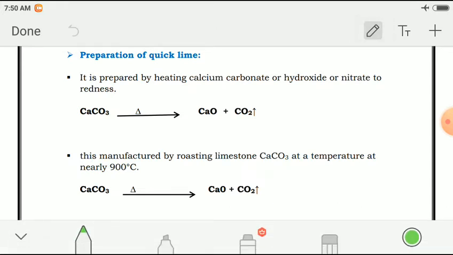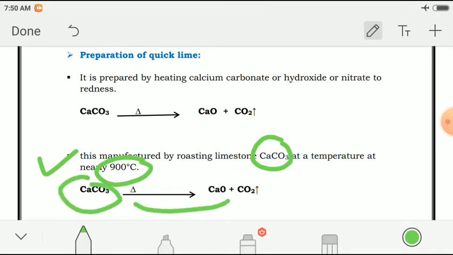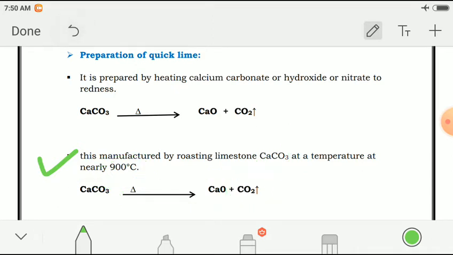Simply, roasting of the limestone at around 900 degrees Celsius converts the calcium carbonate into calcium oxide with liberation of carbon dioxide. This is the second process. Now we have seen the preparation of quick lime. Now we will see the properties of quick lime or calcium oxide.